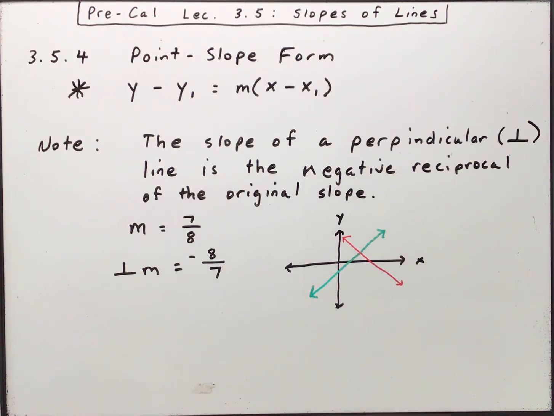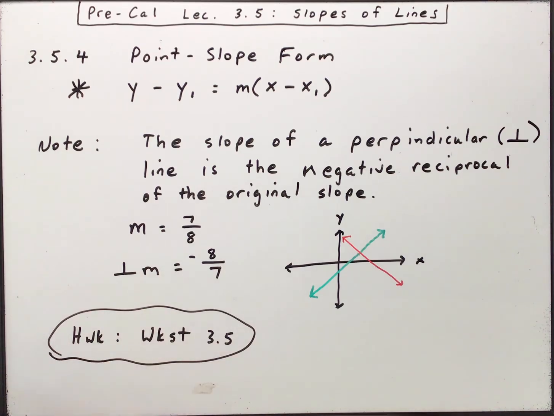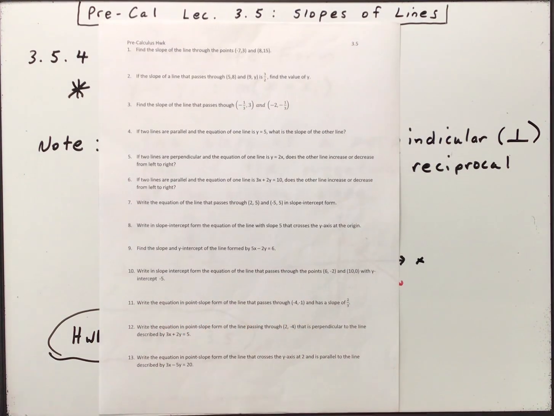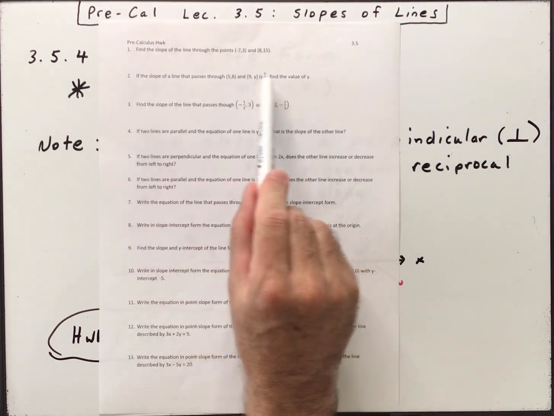Okay? So the homework is just worksheet 3.5. Let's bring that into view. So number 2 is a little bit of an interesting one.